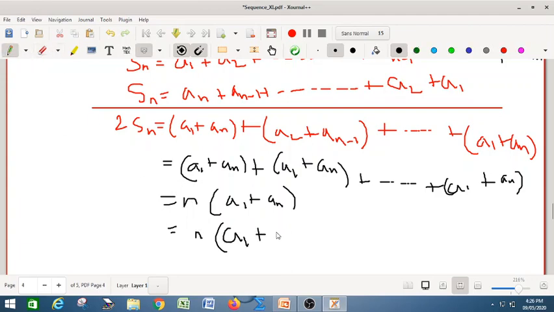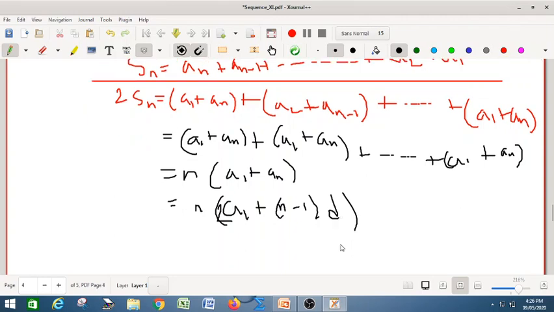Now write an is equal to a1 plus n minus 1 into d. So it will be twice a1 plus n minus 1 into d.